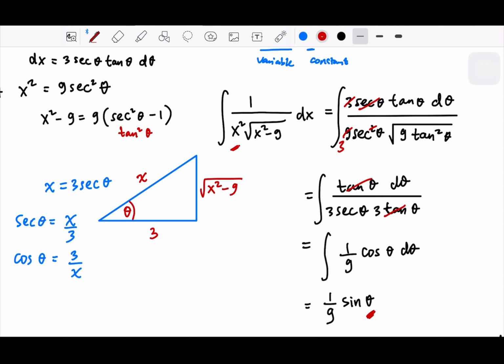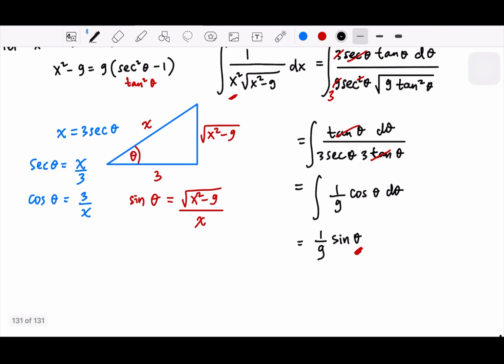And the question is asking for sine theta, which is the square root of x squared minus 9 over x. And that is basically the answer that we want. So we are going to write the sine theta in terms of x. And then don't forget to add a constant at the end.